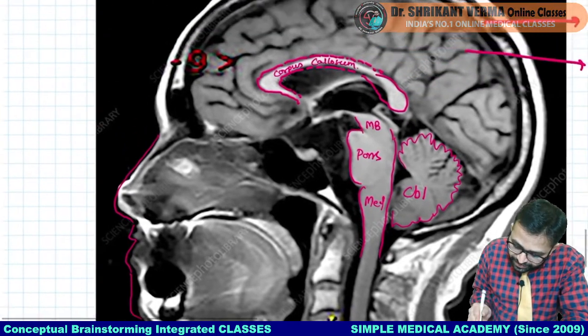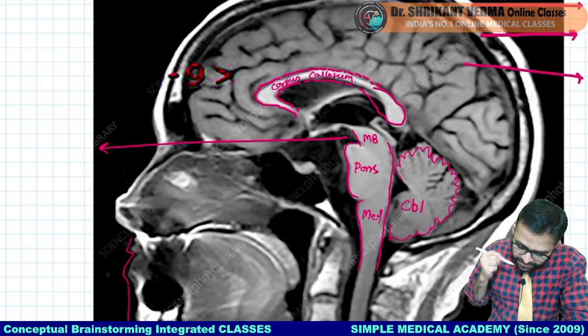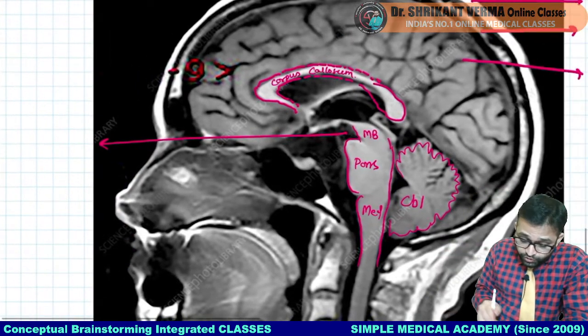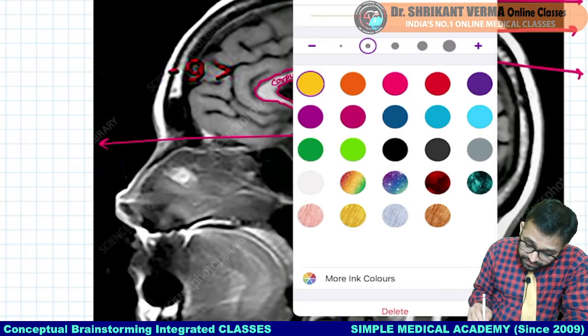See here, if this is the midbrain, so can you help me? Any recess, any cistern just in front of the midbrain, what should be the name, beta? Very good.